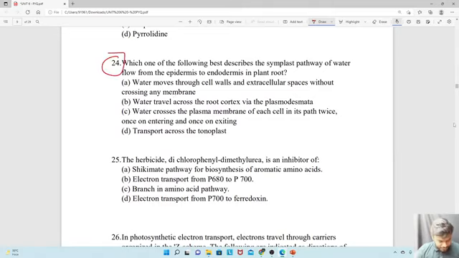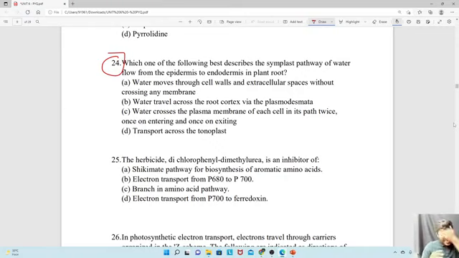Question number 24. That's a good statement, but a very simple statement. I don't know, friends, whether you remember or not. I have drawn one diagram also and explained it to all of you.